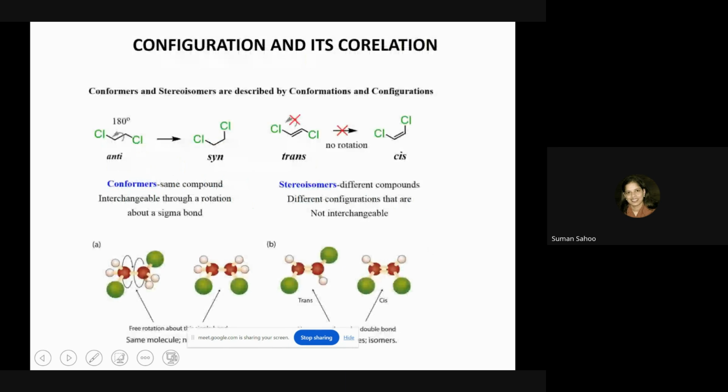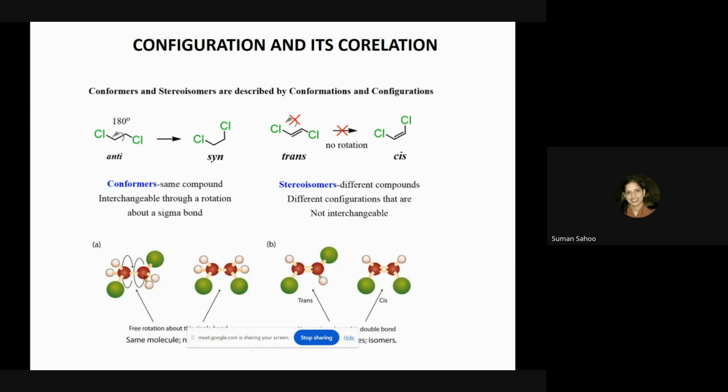So, first is our configuration and correlation. Yesterday we discussed conformations and conformers. Conformational isomers, those are your conformers. So conformers are the same compound which are interchangeable through a rotation about a sigma bond.